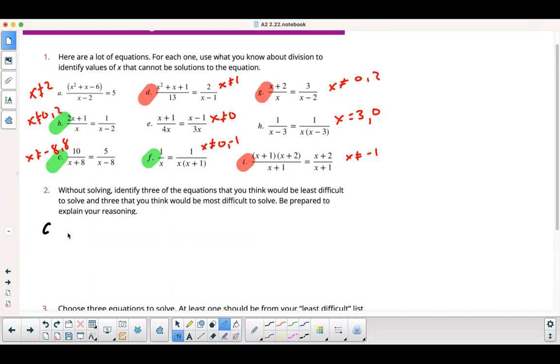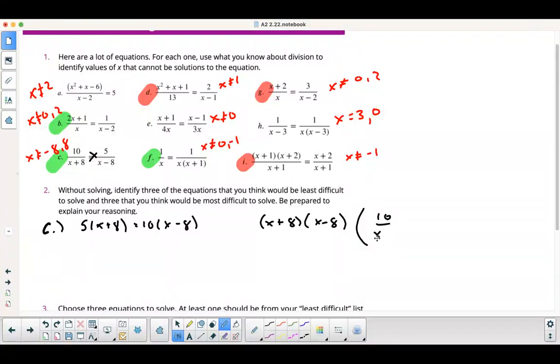So cross multiply. You've got two options, actually. You could cross multiply or you could multiply by your common denominator. So I'll show you both ways. If I just cross multiply that, I get 5 times x plus 8 equals 10 times x minus 8. Or if I were to do the common denominator thing, I'd multiply x plus 8, x minus 8 times the whole thing.